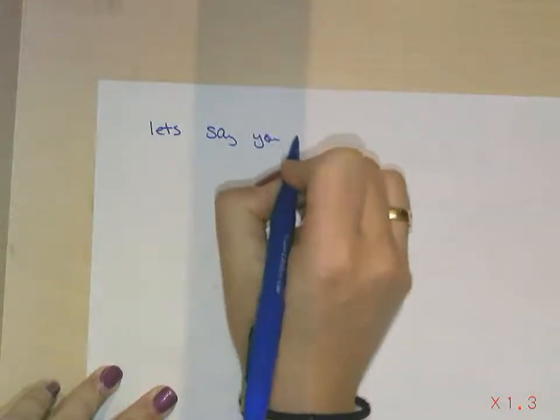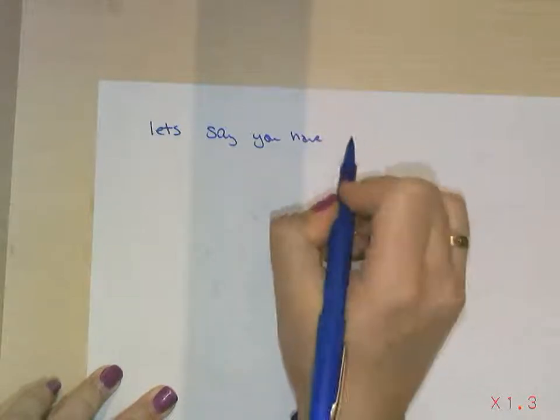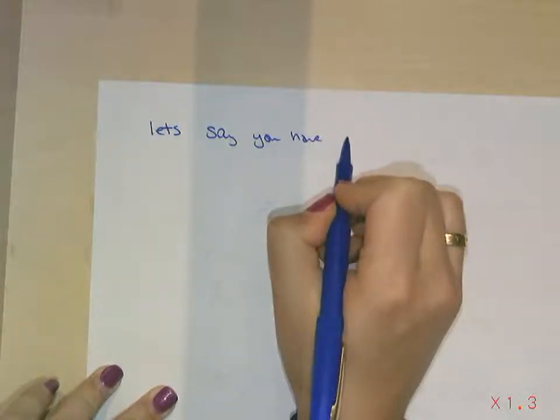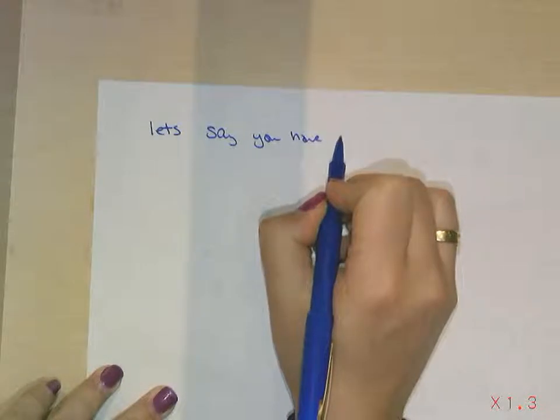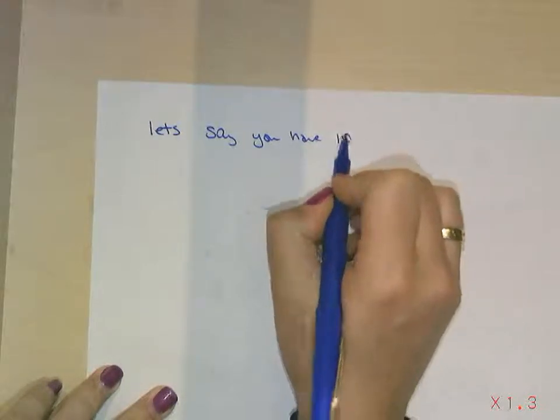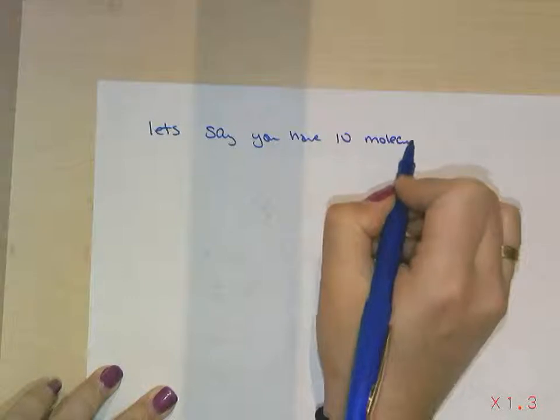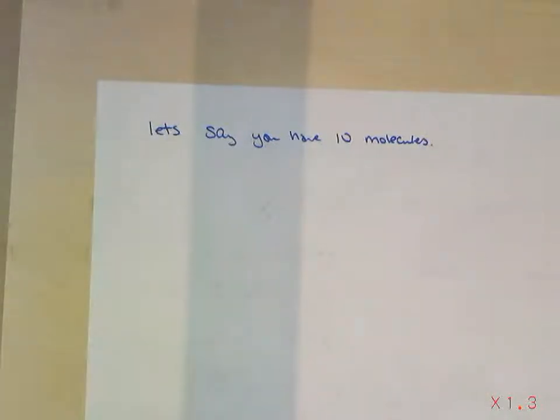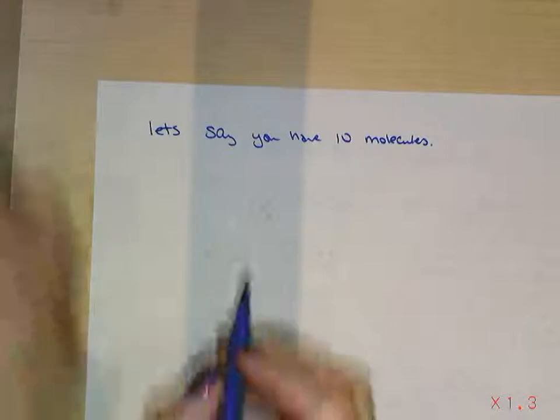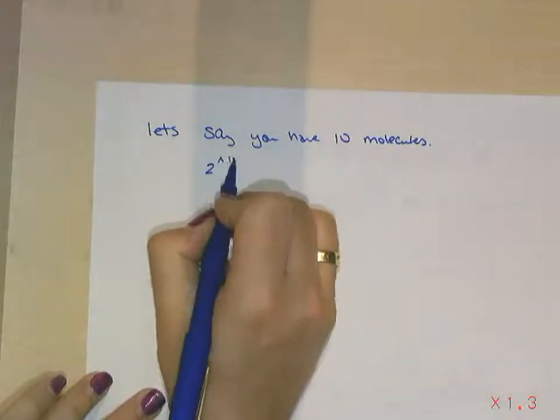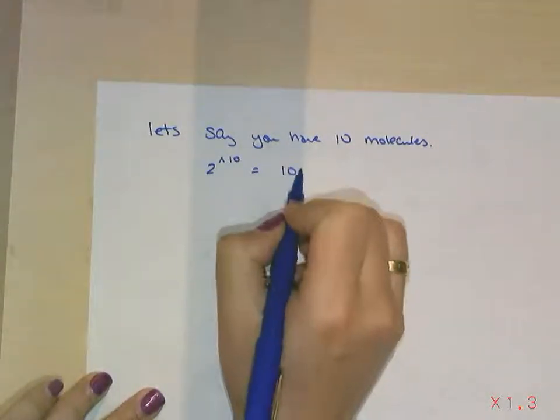Let's say we have 10 molecules. If I have 10 molecules, how many different flasks would I have to draw? 2 to the 10th, which happens to be 1,024 different flasks I would have to draw.